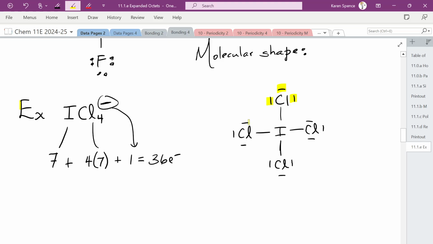2, 4, 6, 8, 10, 12, 14, 16, 18, 20, 22, 24, 26, 28, 30, 32. 32 electrons. Oh no. I have 2 pairs too few. What shall I do?